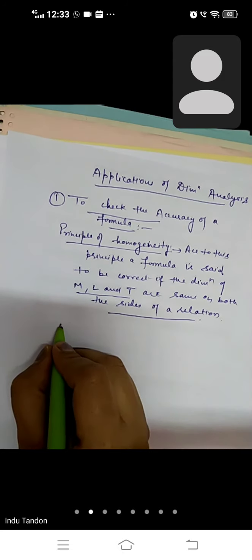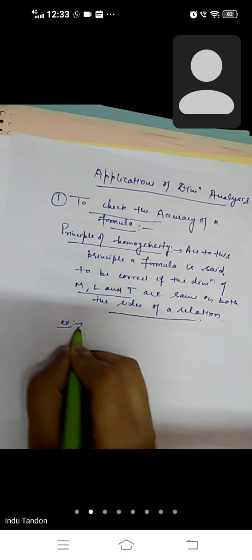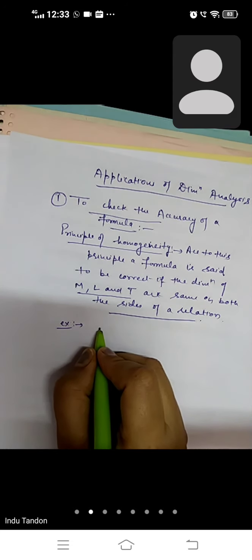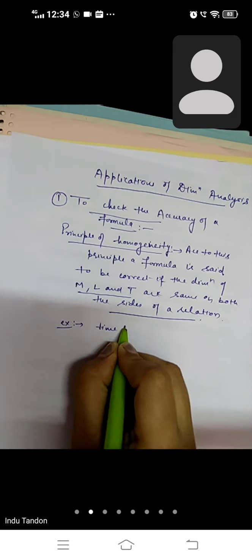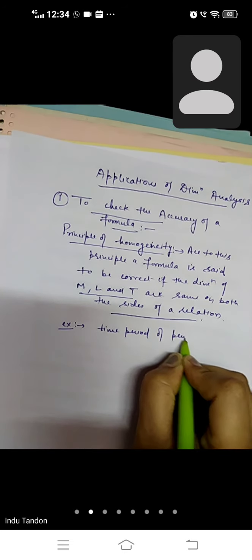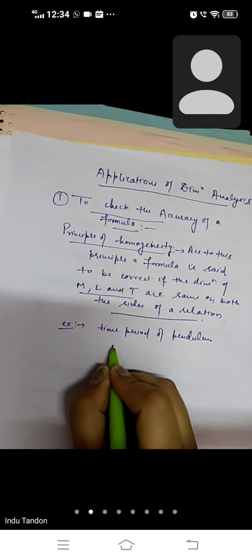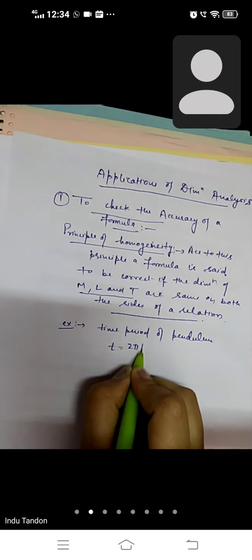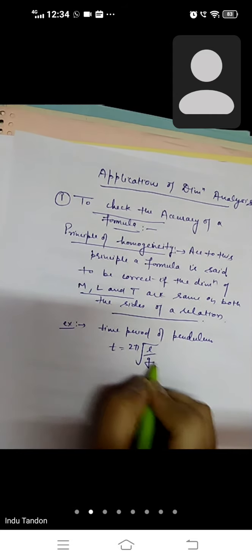Let's take an example of this. For example, you have this formula, time period of a pendulum. Time period of a pendulum is given by T equal to 2 pi under the root of L upon g.